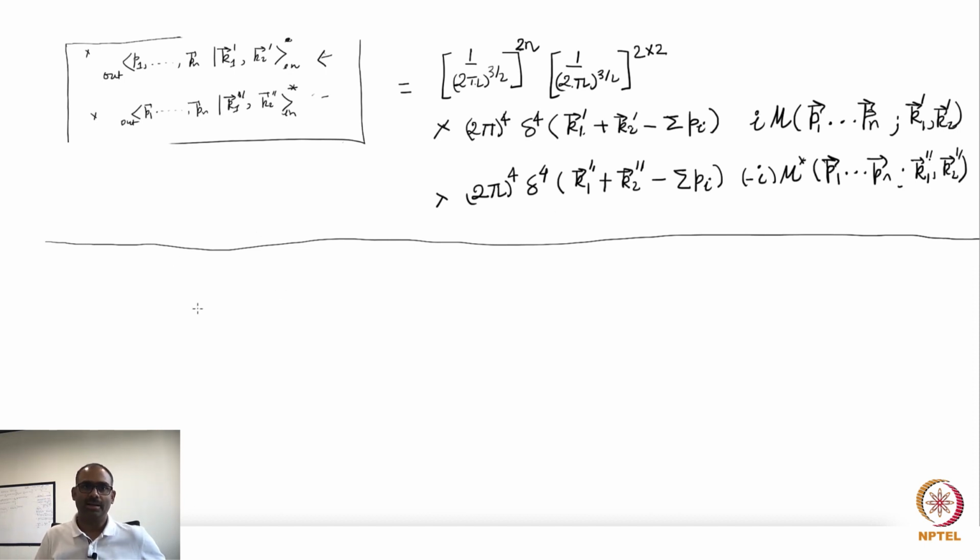So I will now write down all of these delta functions.